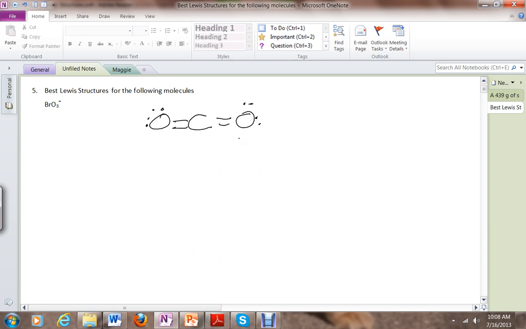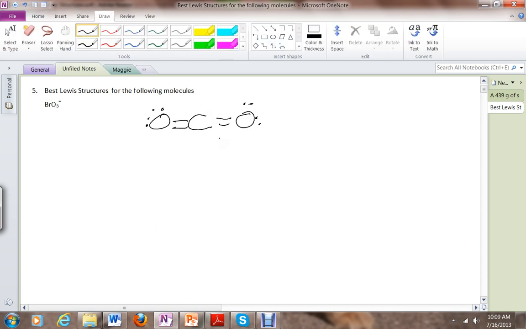Each oxygen has a formal charge of 0, and the carbon's formal charge is 0. This is a linear molecule. Why? You have only two domains on the central atom. If you had a lone pair, which we don't, it would become three domains and a trigonal planar. Let me erase this for a second.